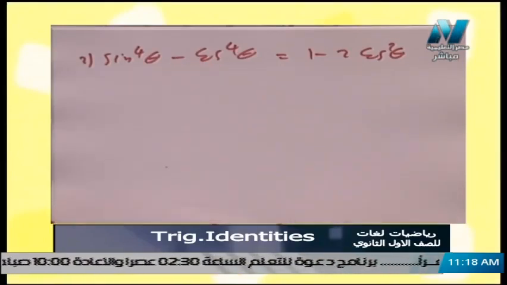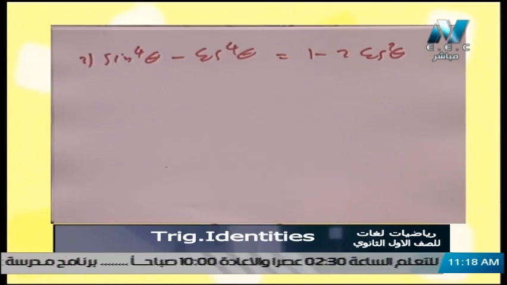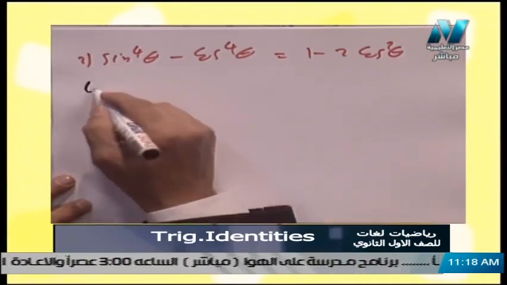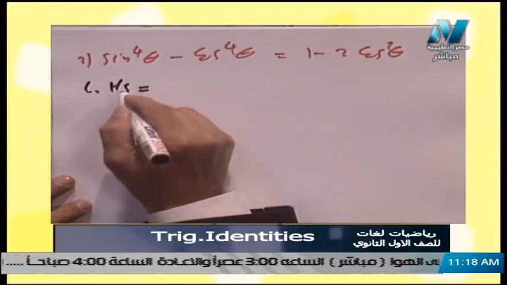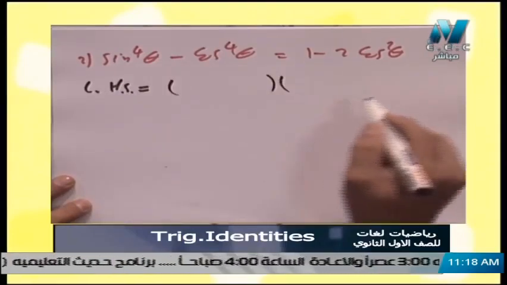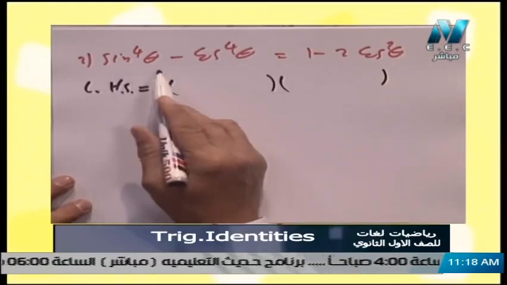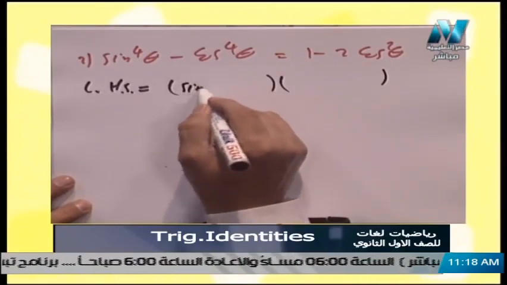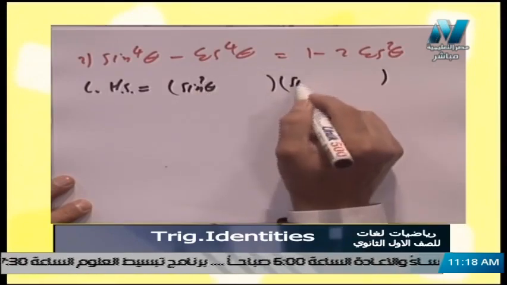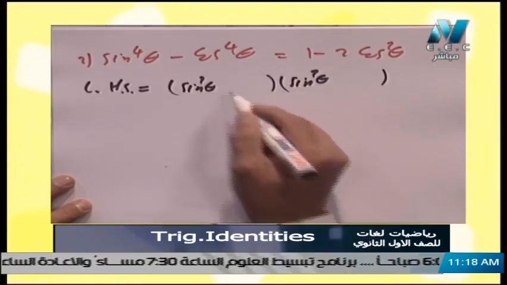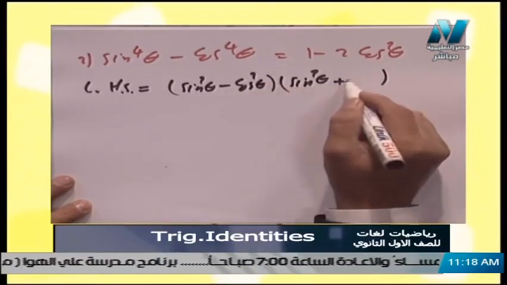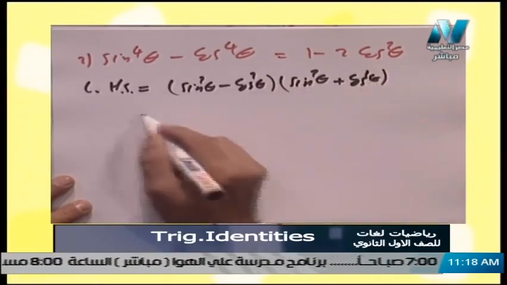From the previous studying in second prep, we have studied that if we have an expression like this on the left hand side, you can factorize it. So factorize sine power 4 theta to sine power 2 theta and sine power 2 theta, minus and plus cosine power 2 theta.